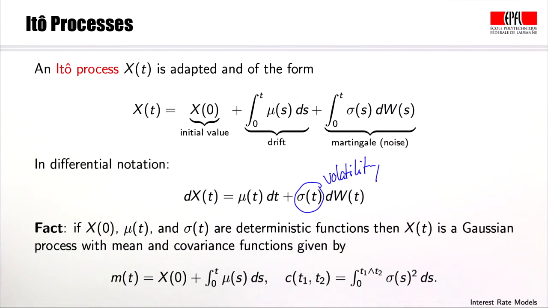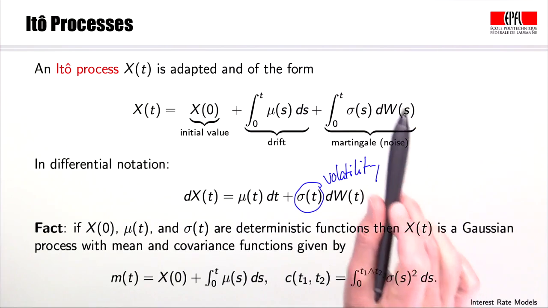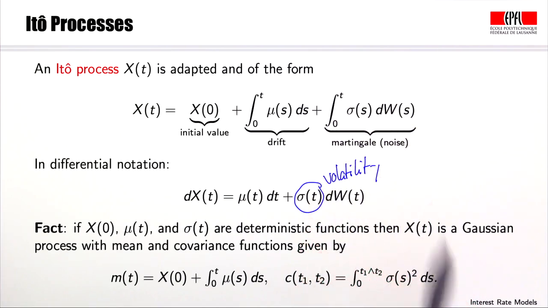It can be proved that if the initial value, the drift, and the volatility of x are deterministic functions, then the process xt is a Gaussian process with the following mean and covariance functions as shown here. It is easy to understand why the mean function is as shown here, because the martingale has zero expectation. We take for granted that the second moment of the martingale is given by the integral of sigma square ds.